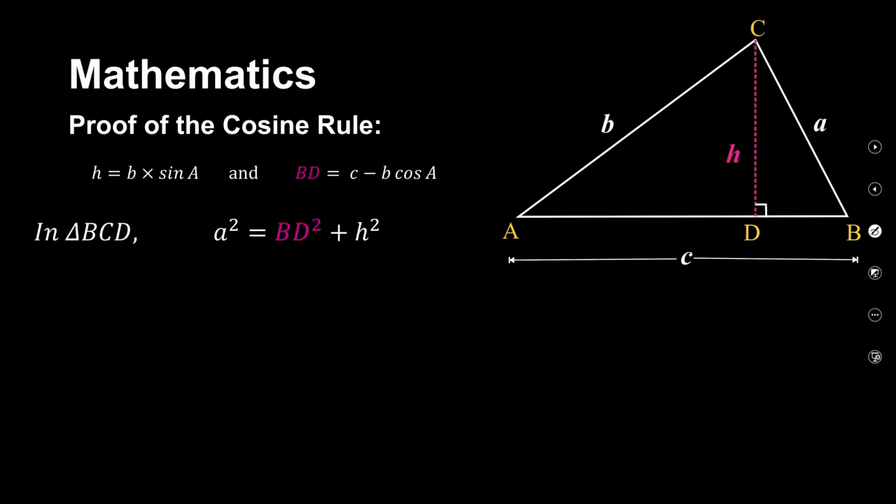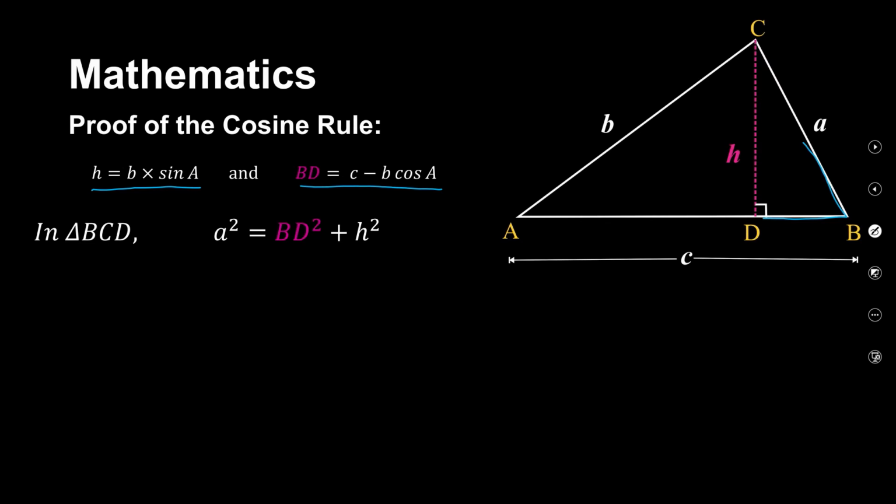Just to remind ourselves what we had on the previous slide, we had an expression for H, and we had just made an expression for BD. Now if we look at this triangle BCD, we're going to use Pythagoras.